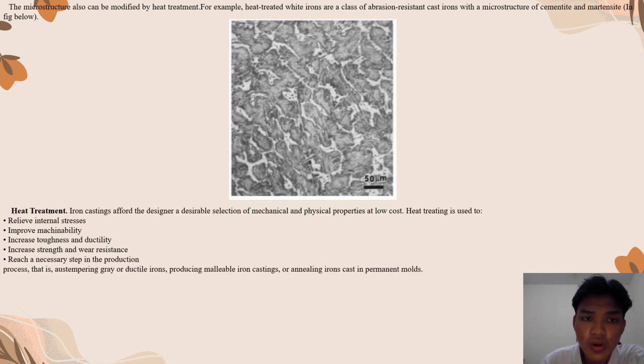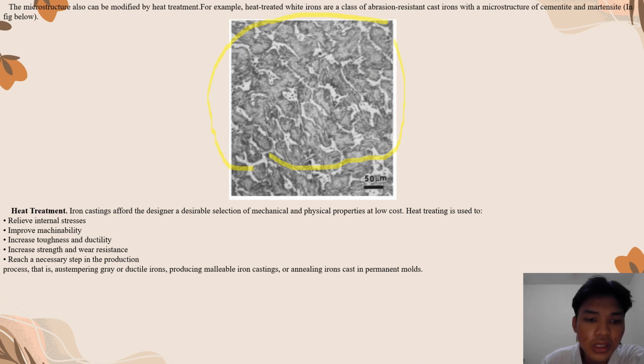The microstructure also can be modified by treatment, for example heat treatment, while white irons are a class of abrasion resistant cast irons with a microstructure of cementite and martensite.